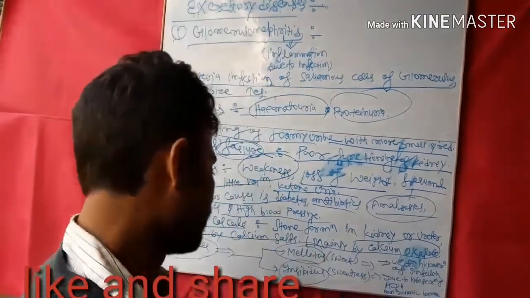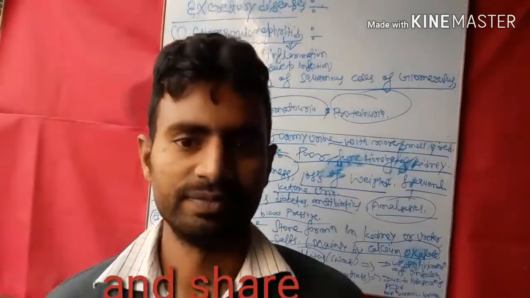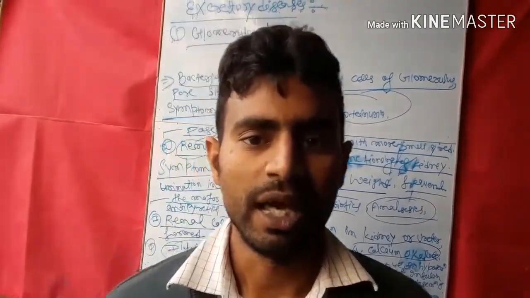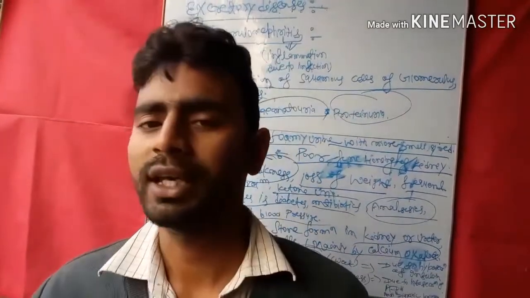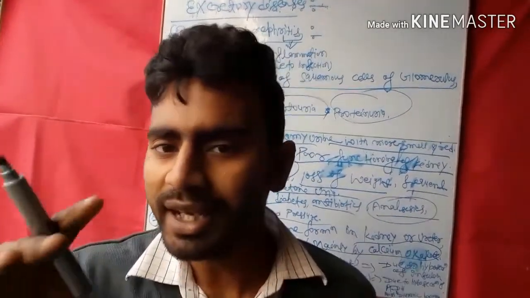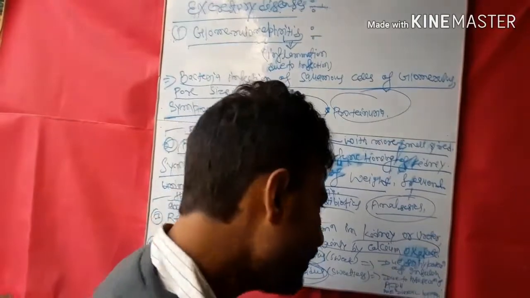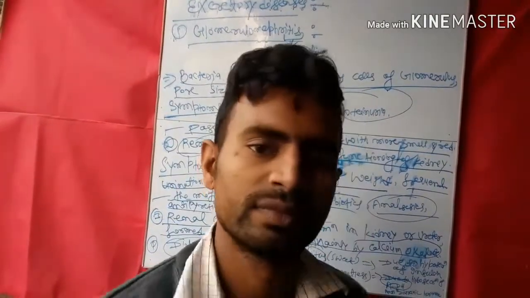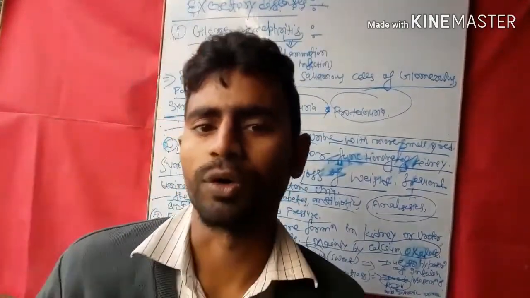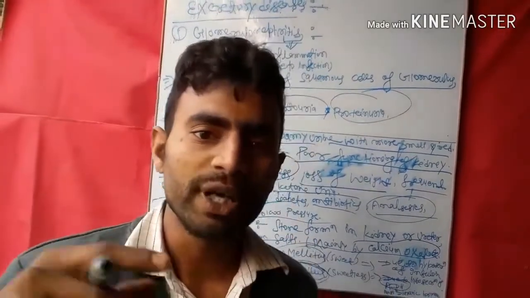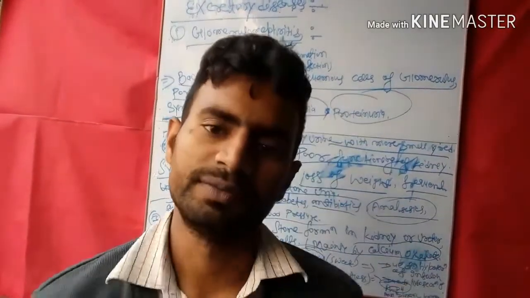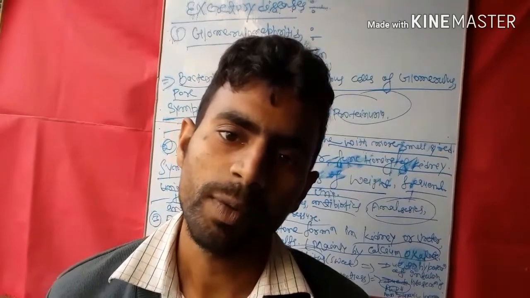But insipidus diabetes happens due to hyposecretion of ADH, which stands for antidiuretic hormone.